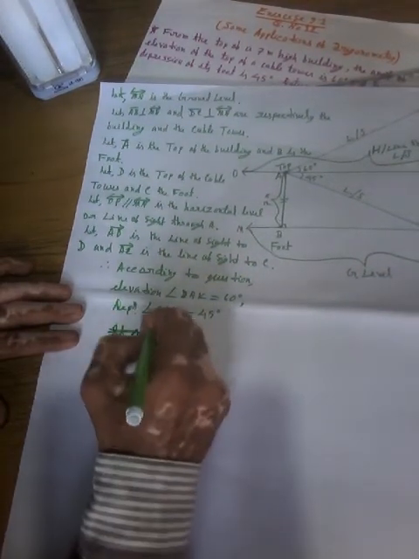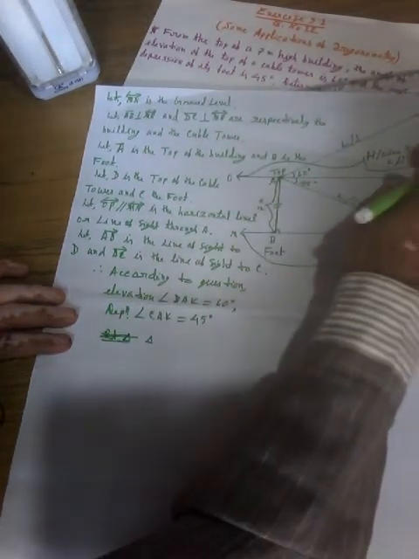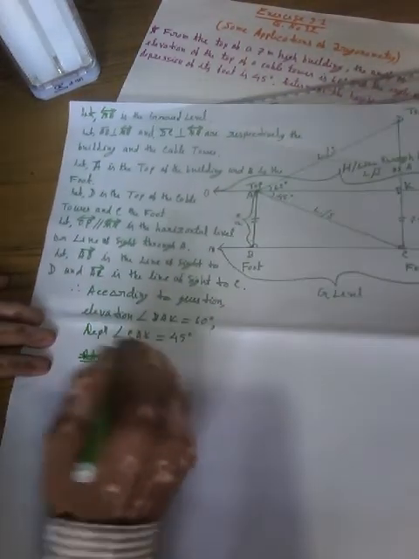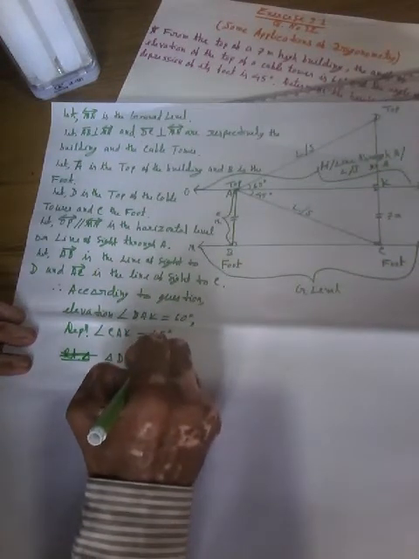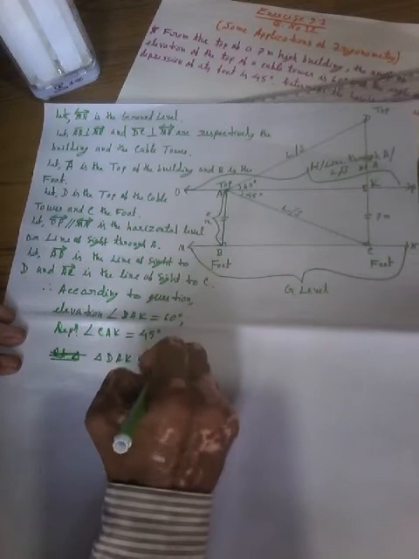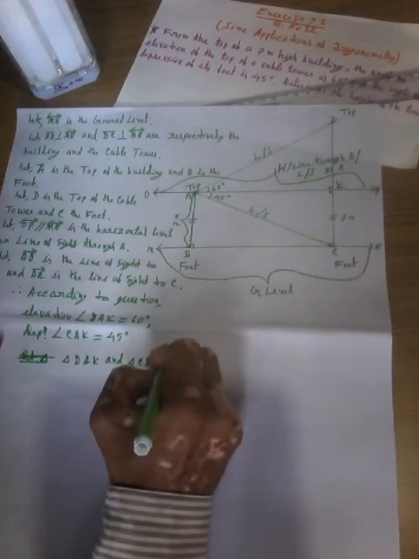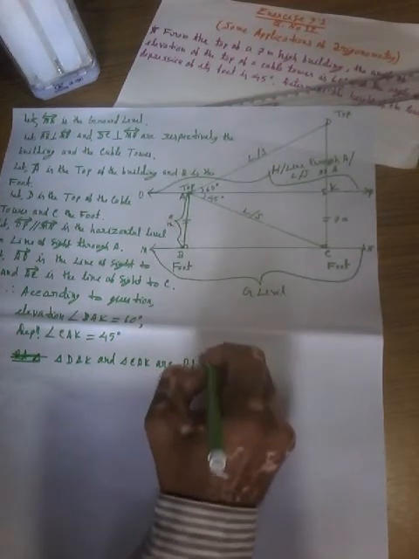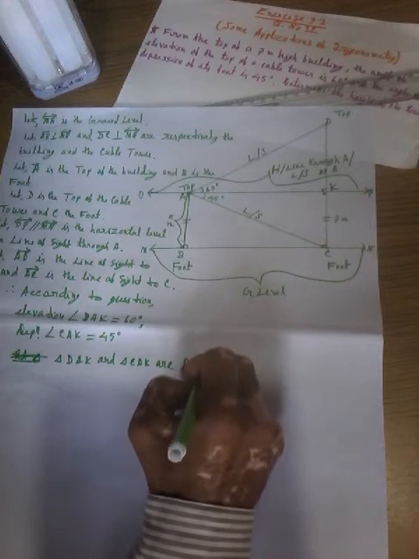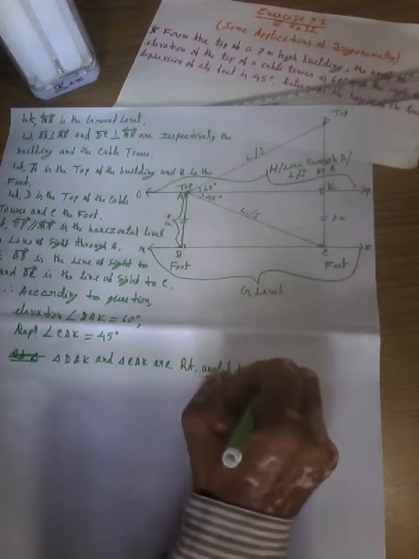Write in this way. Triangle DAK and triangle CAK are right angled triangles.